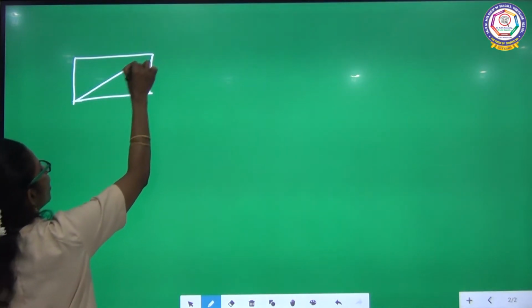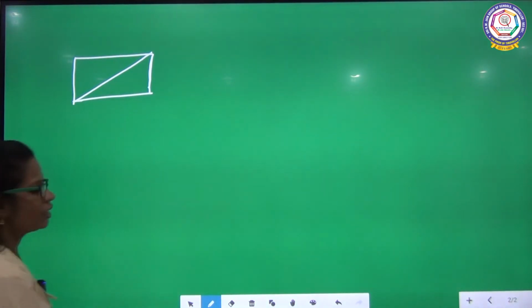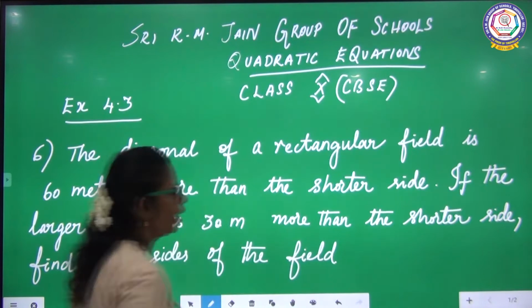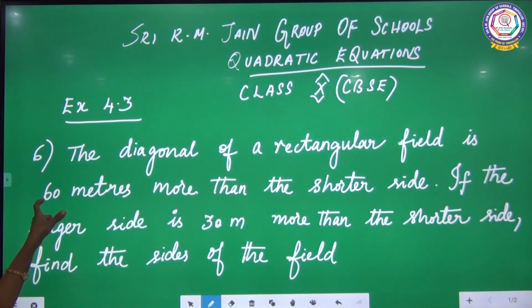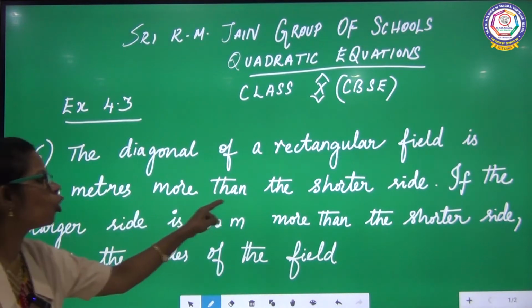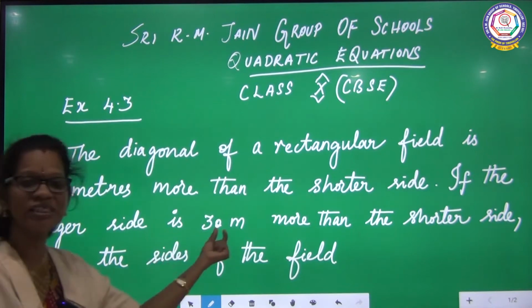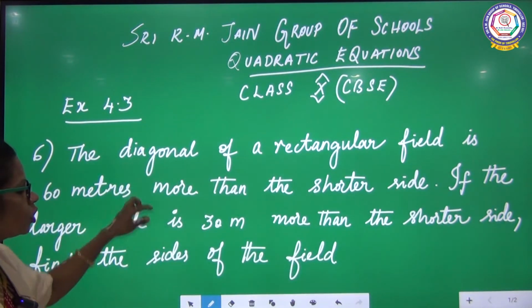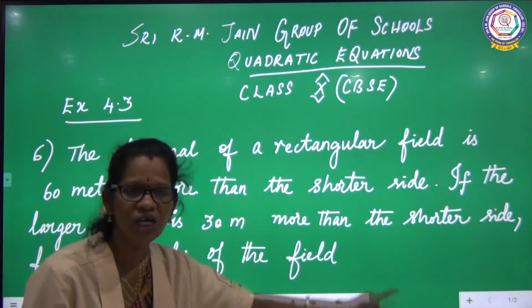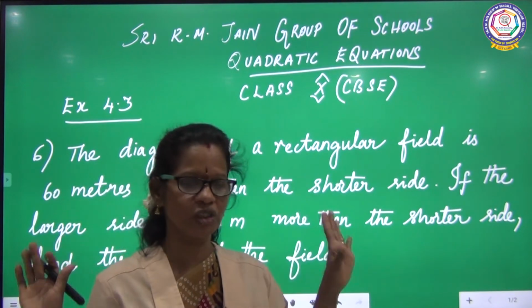The diagonal. What is given in the question, read again: the diagonal of a rectangular field is 60 meter more than the shorter side, and the larger side is 30 meter more than the shorter side. Both are compared with the shorter side, but nothing is given regarding the shorter side.